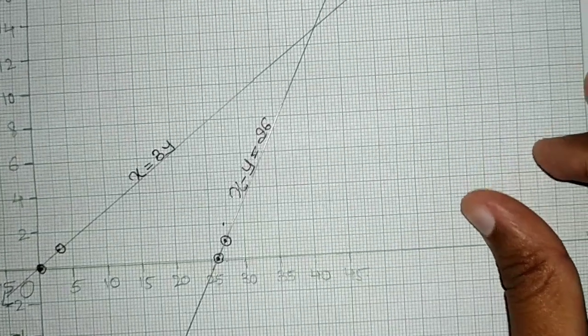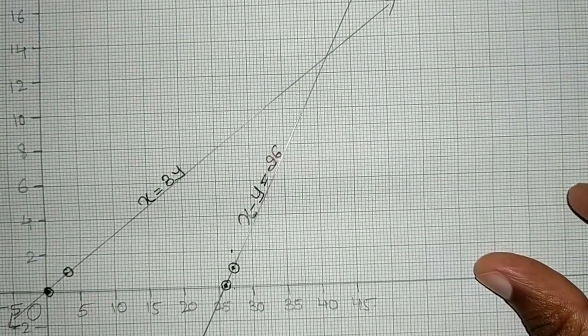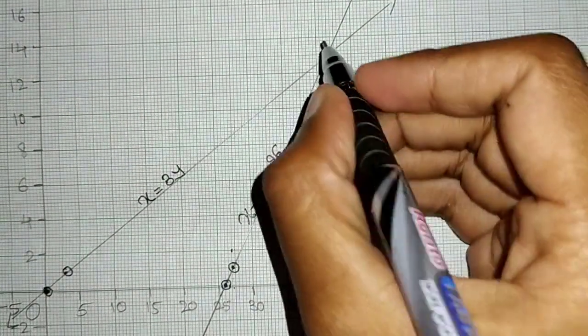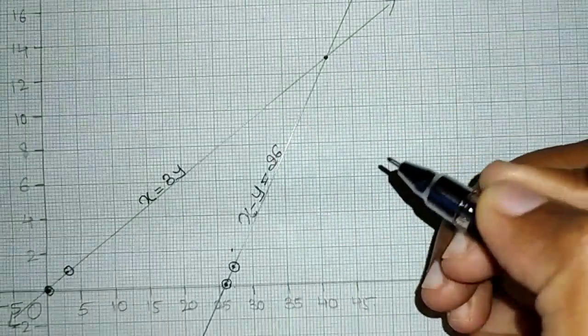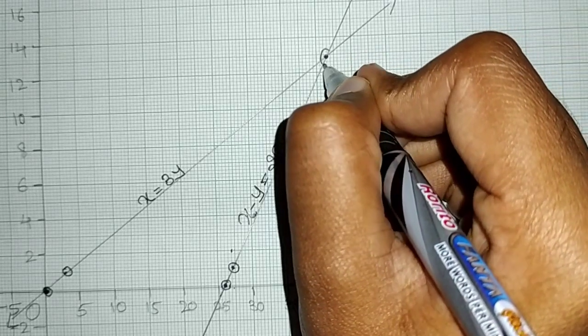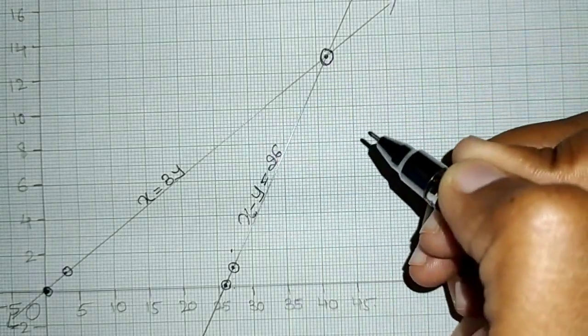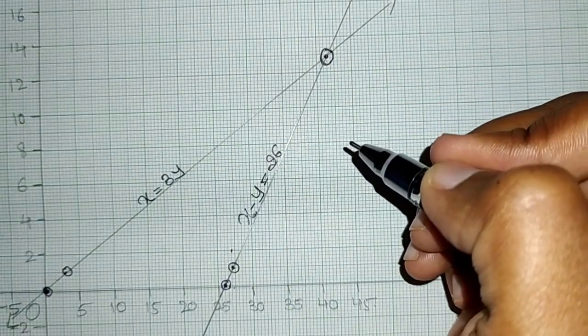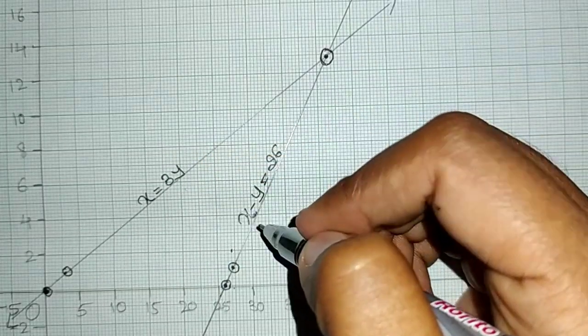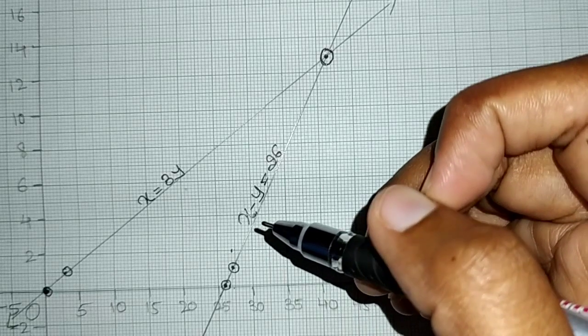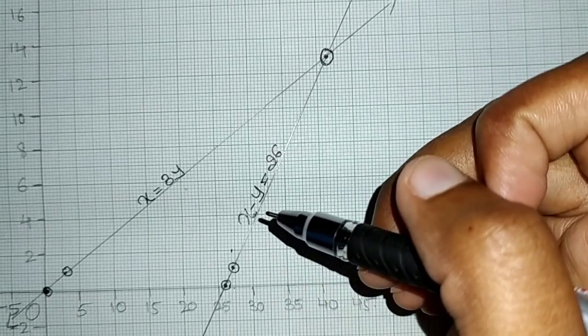And this point of intersection, where both the lines meet, is the solution for both the equations. So this way you will have to determine the solution of the equations graphically or geometrically.